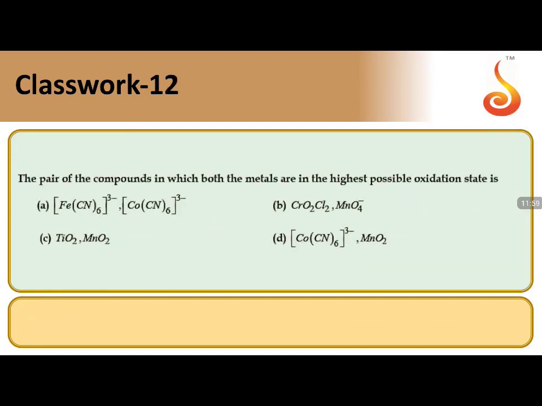Question number 12, the pair of compounds in which both the metals are in the highest possible oxidation states. If you take iron in option A, [Fe(CN)6]3-, and [Co(CN)6]3-, CN will be in -1 oxidation state.